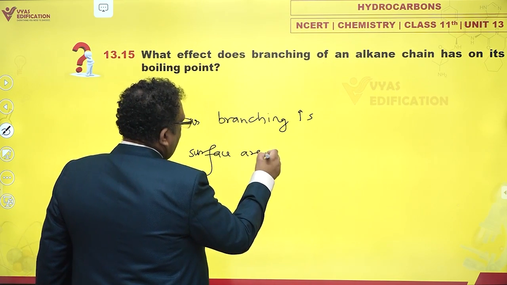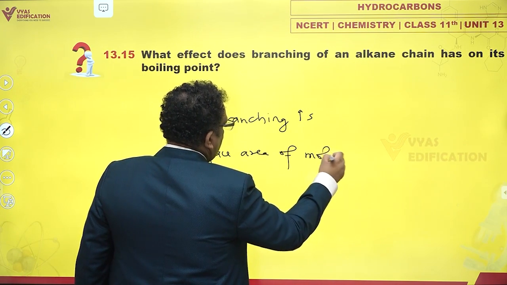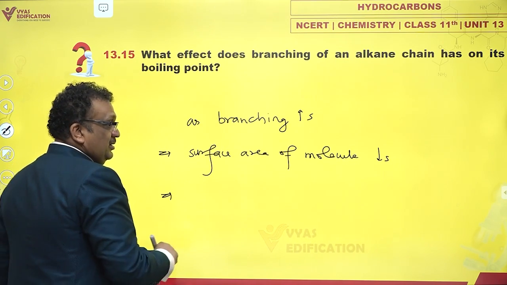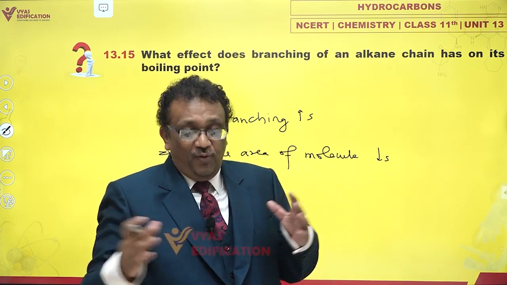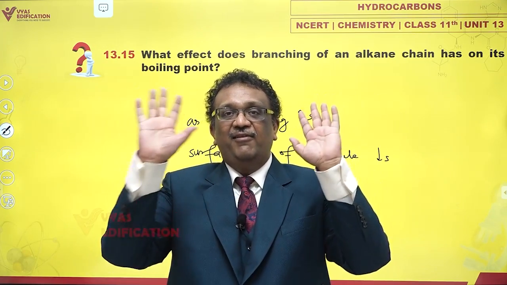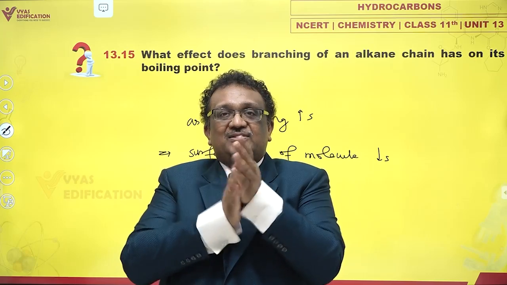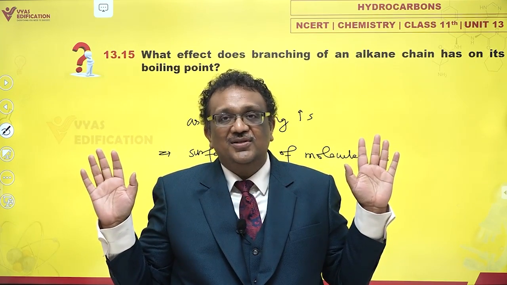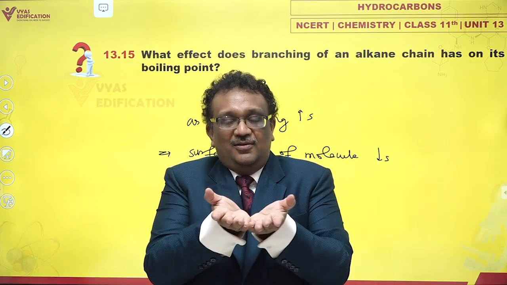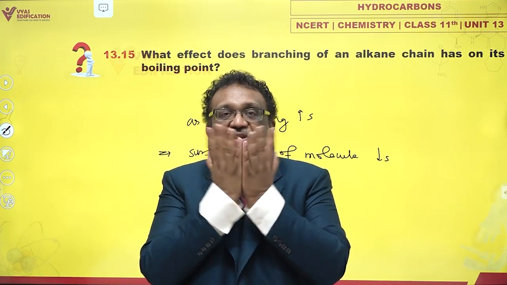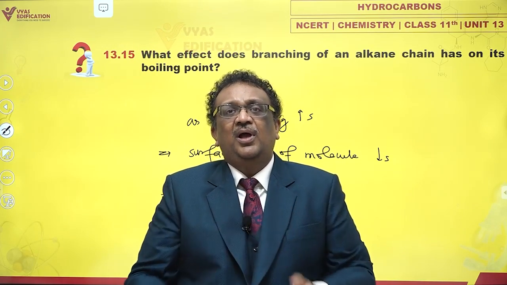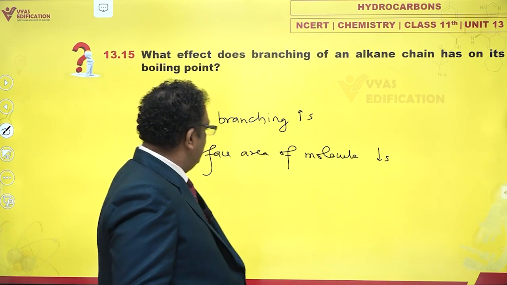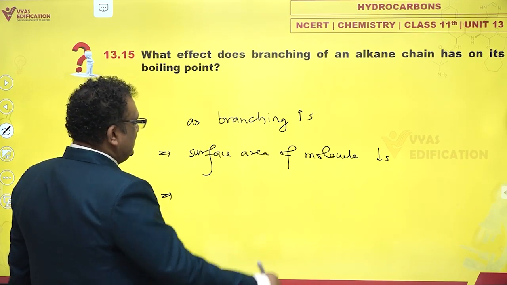See, if I have more surface area of hands like this, in winter season, if I rub my hands, I generate warmth, right? Do I do it like this? No, that's very stupid, because this surface area is less. If I rub them, I will get much lesser heat because interaction is less, right? So surface area of molecule decreases.